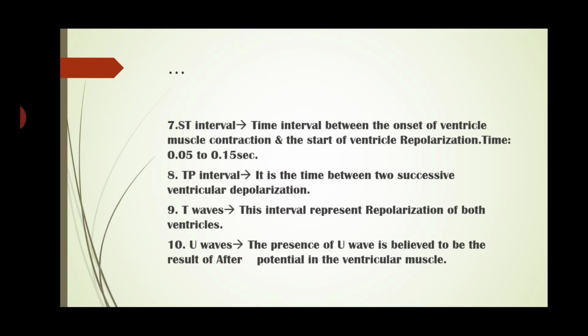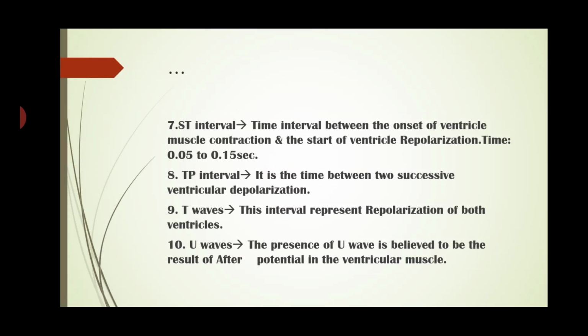Next, the ST interval is the time interval between the onset of ventricular muscle contraction and the start of ventricular repolarization. The time for this interval is 0.05 to 0.15 second.